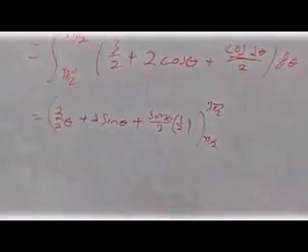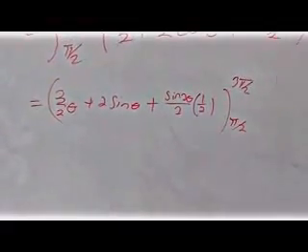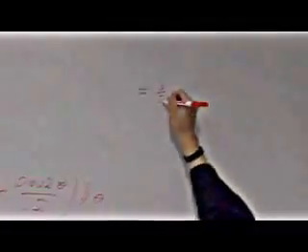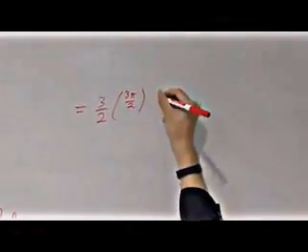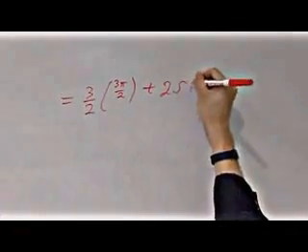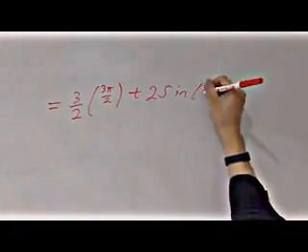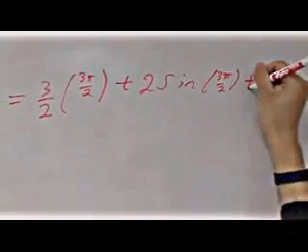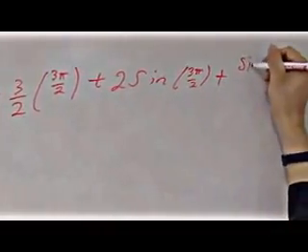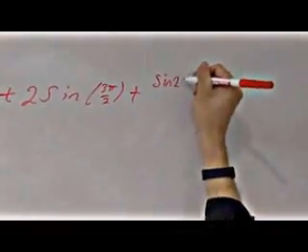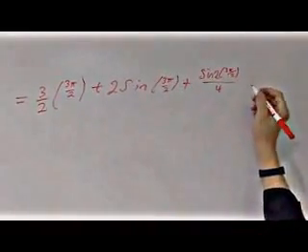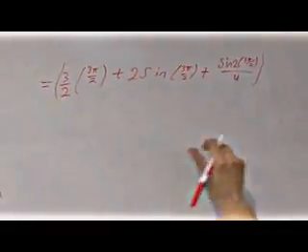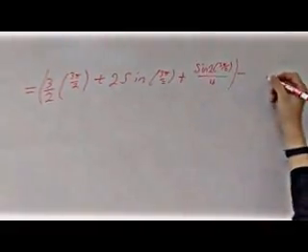Now we have to plug in the limits. So it's going to be 3 over 2 times 3 pi over 2 plus 2 sine 3 pi over 2 plus sine 2 times 3 pi over 2 divided by 4.